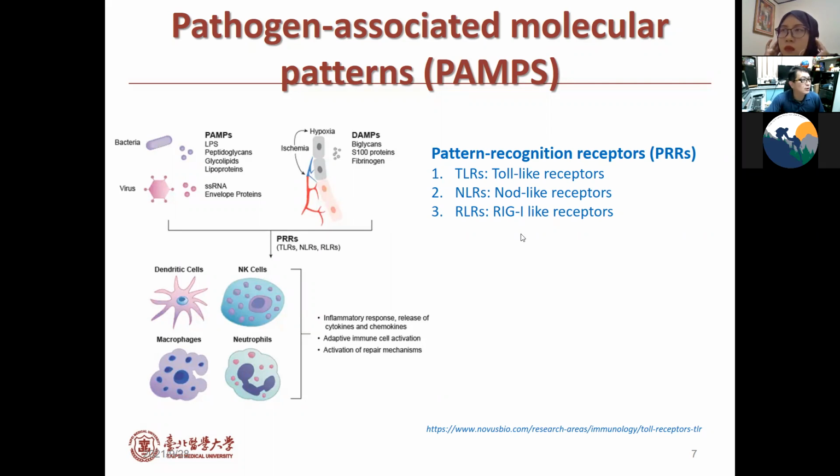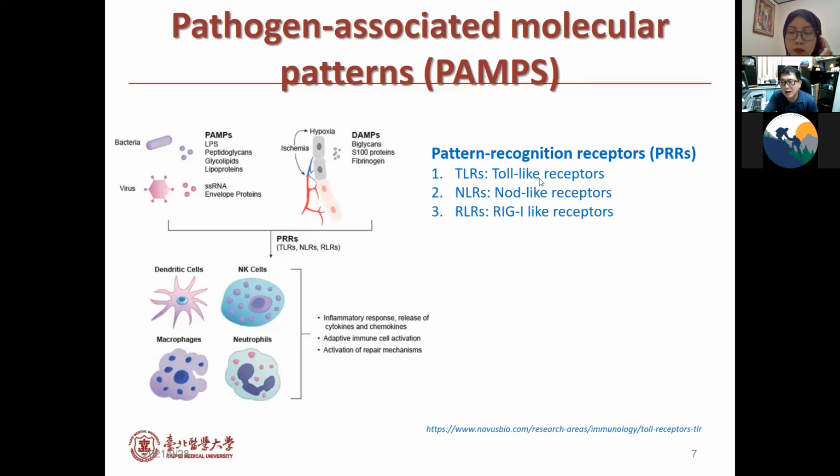So these three kinds of receptors can recognize and bind to them, then generate a signal transduction pathway, which eventually turns on some genes to release cytokines, chemokines, and growth factors, which can destroy or digest the pathogen, or activate another set of white cells.